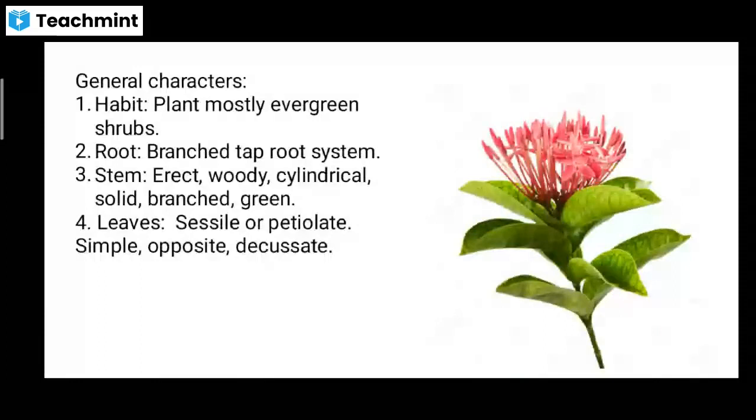Then leaves are sessile or petiolate. Sometimes the leaves are sessile, that means they have no stalk or petiole. In petiolate, you can see in the picture there is a small petiole at the base of the leaf. The leaves are simple. They can be opposite and decussate.